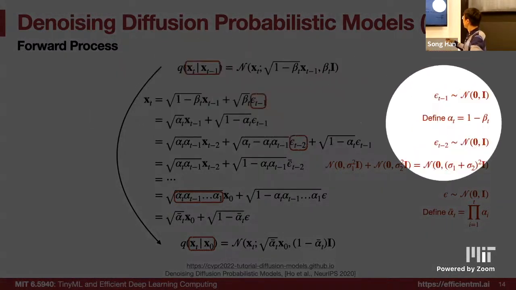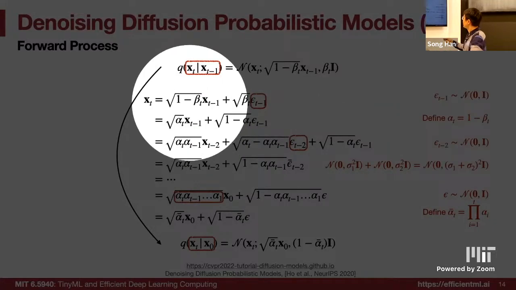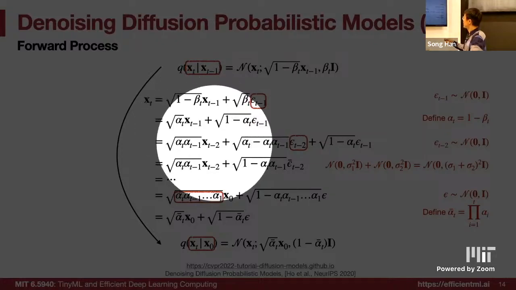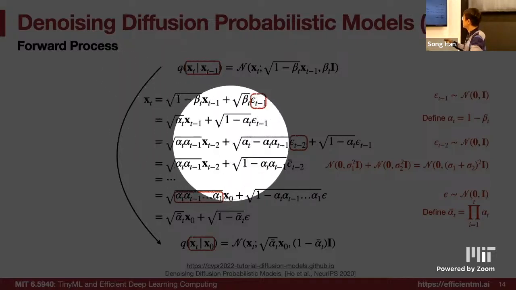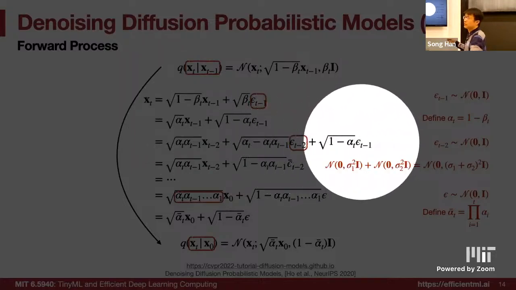We can define alpha_t to be 1 minus beta_t, so we can rewrite the equation like this.